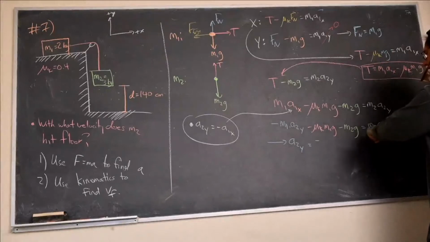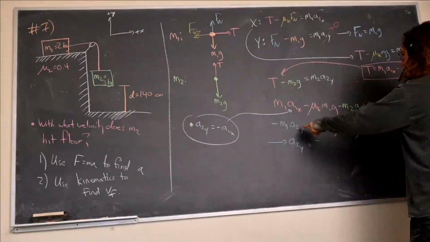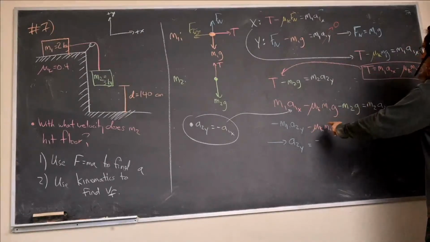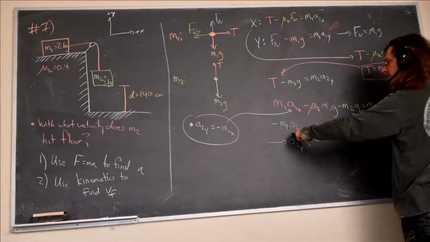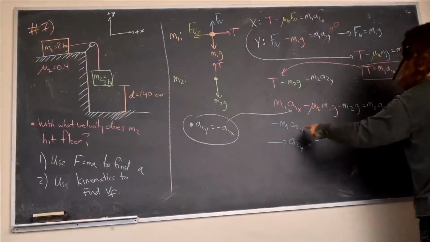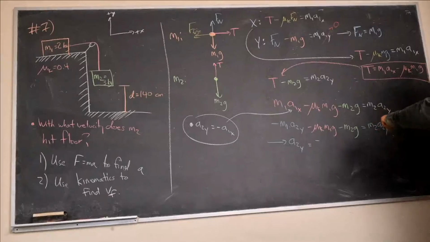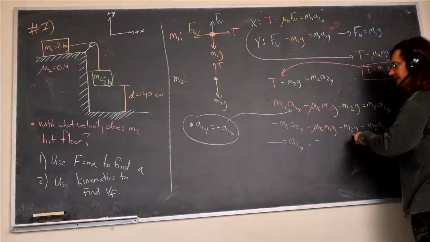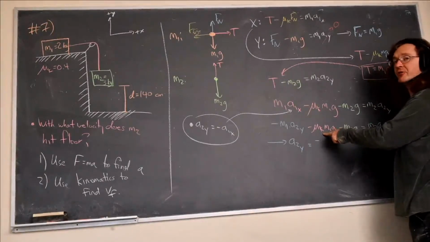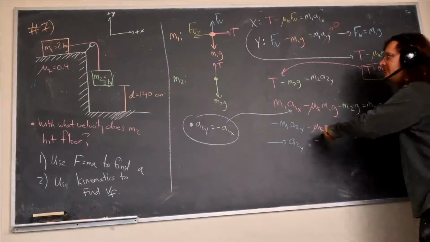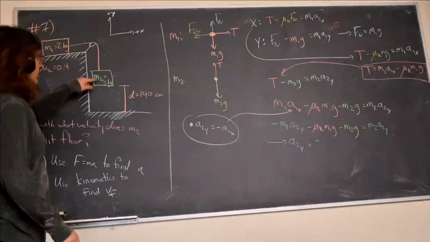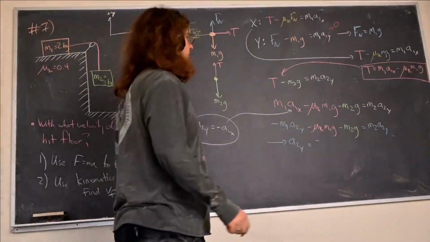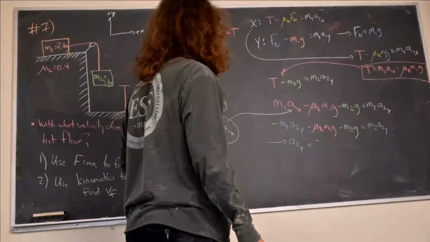This term came from the weight of the hanging thing, and this term came from the friction of the thing resting on the table. The friction resists the motion of the thing, but the weight of the hanging thing makes it go faster.